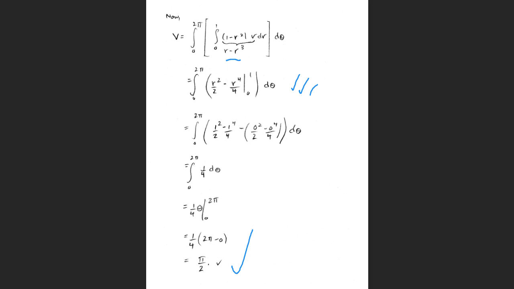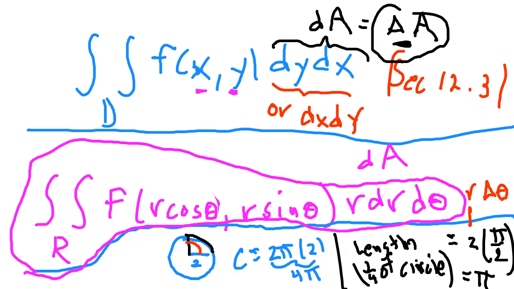Okay, so let me show you something here. Let me go to the whiteboard real quick. I want to show you something on that double integral. All right, so let me clear this.